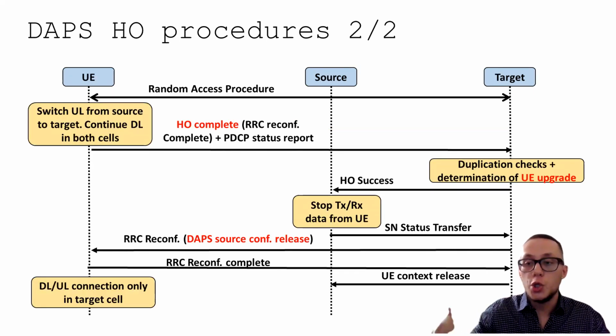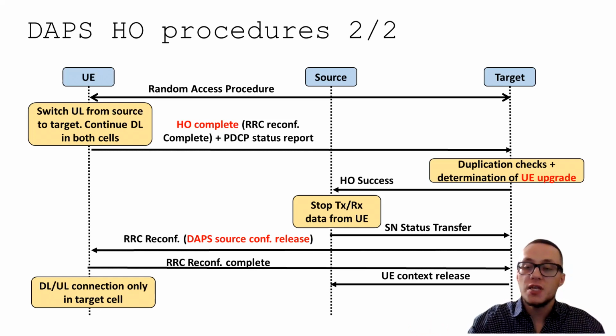Then the UE performs the random access procedure to the target cell in order to synchronize in the uplink direction and switch uplink from the source cell to the target cell, but tries to continue downlink reception in both cells.